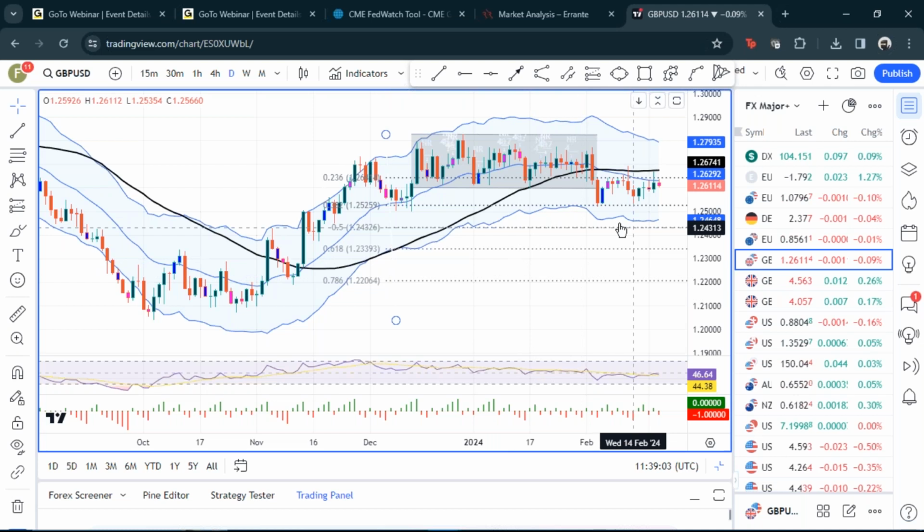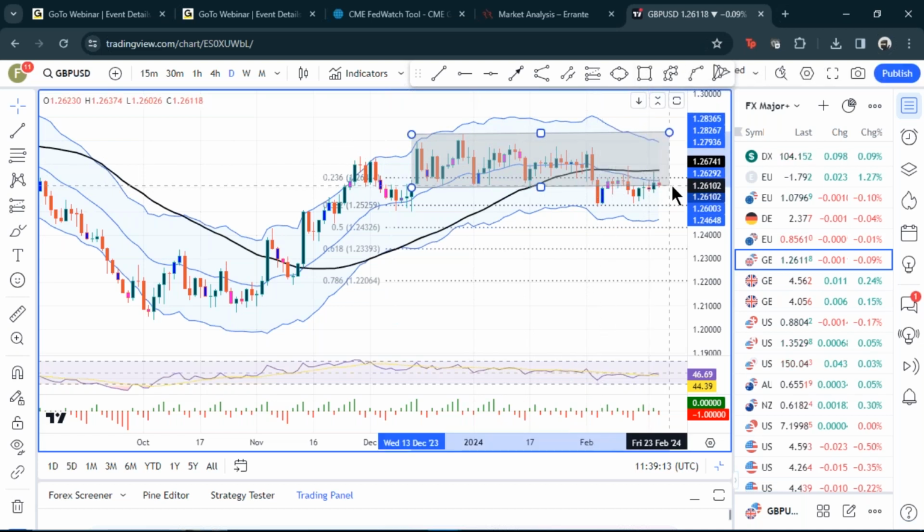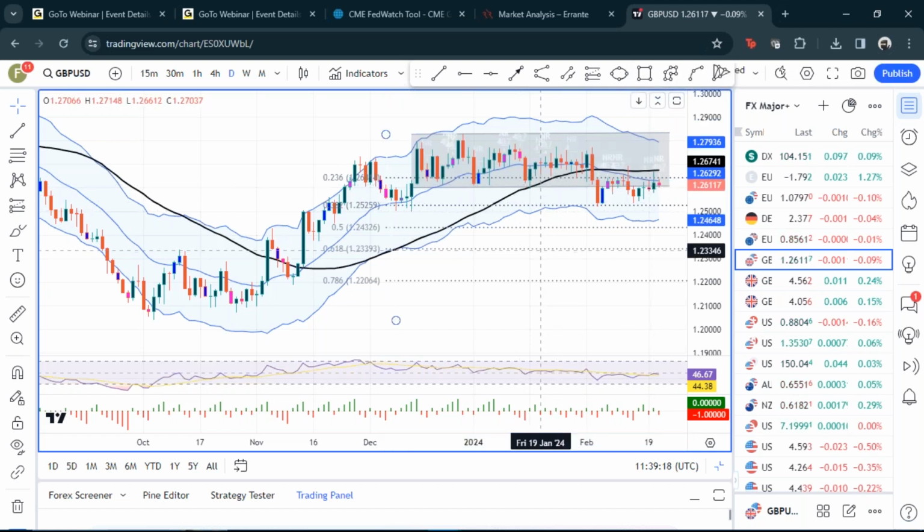Otherwise, for cable, we still have this sideways trading range, which we should probably extend, although we did break out of it, so it's probably negated now. But if we keep it in there, 126 to 128 is the range that we did have.